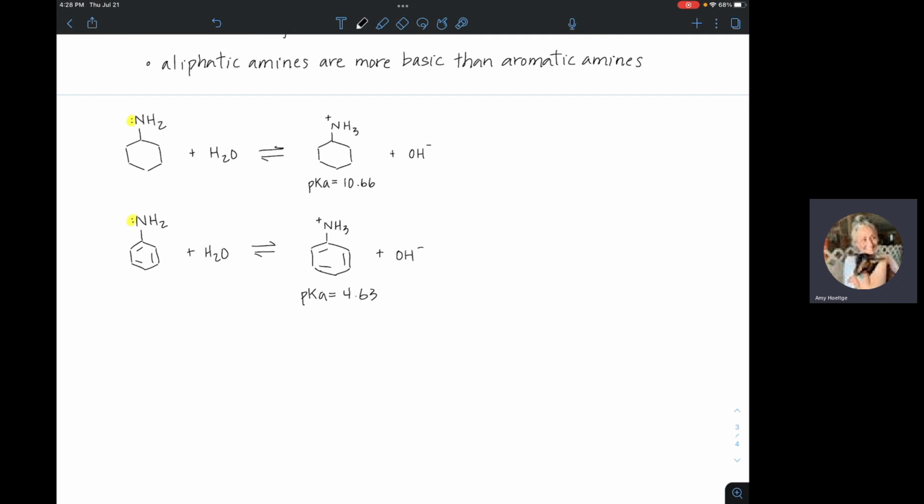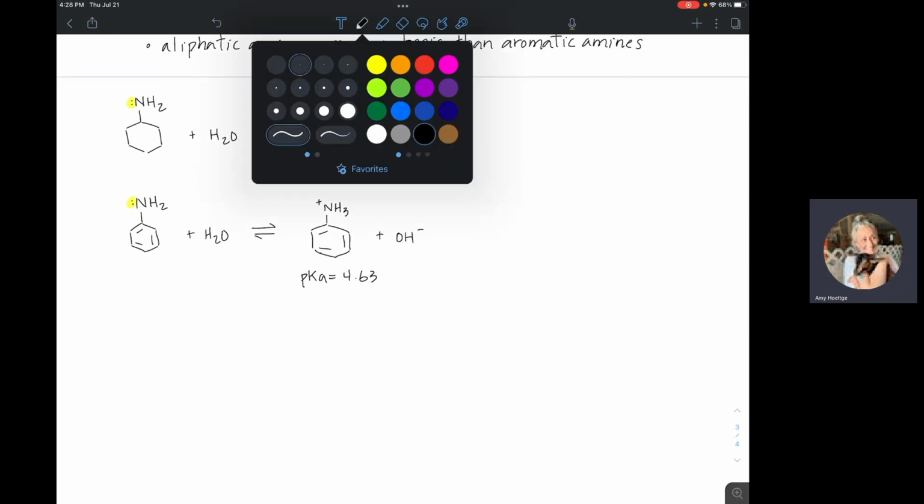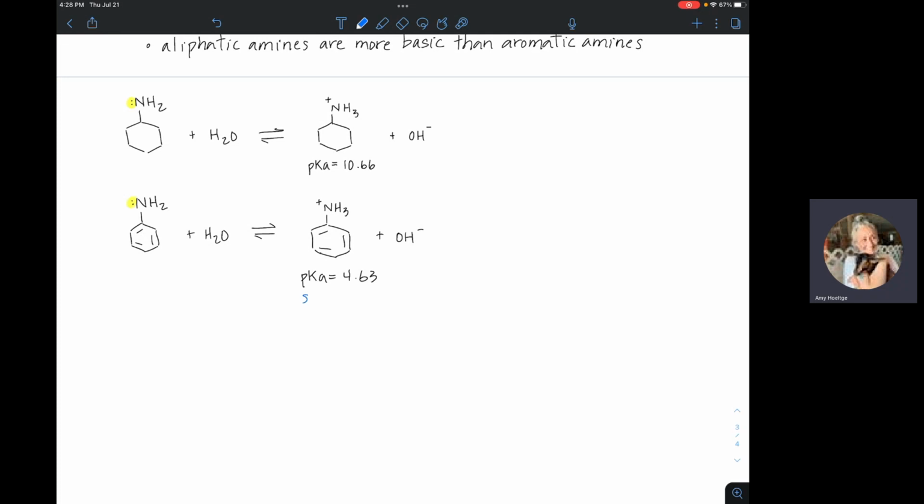Remember, the lower the pKa, the stronger the acid. What that means for us is that this is a stronger acid and this is a weaker acid. Therefore, this has to be a stronger base. And this must be the weaker base.